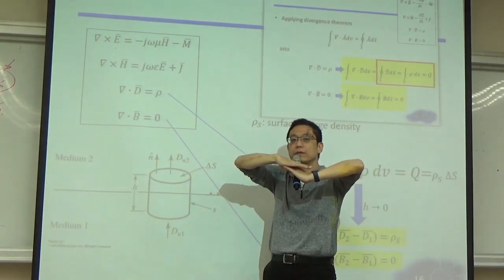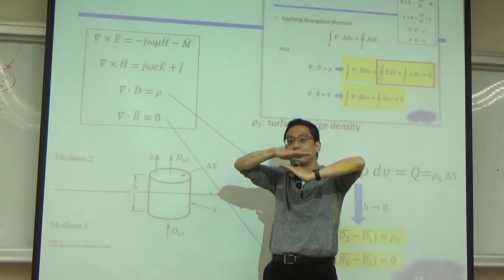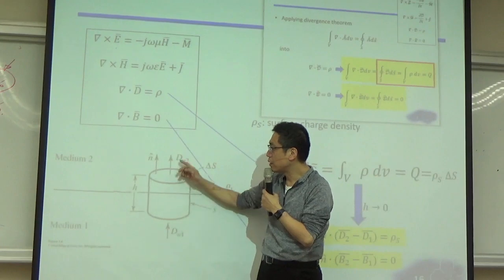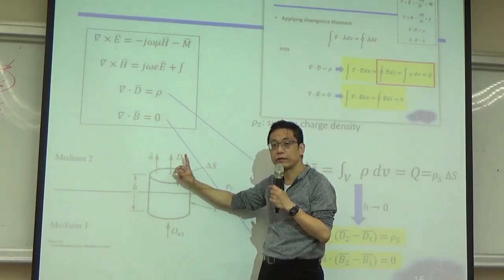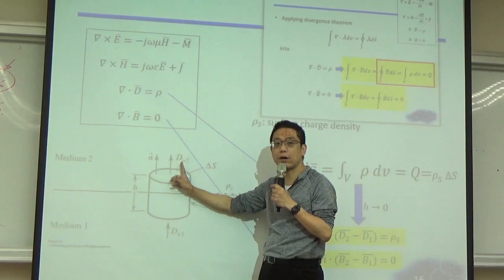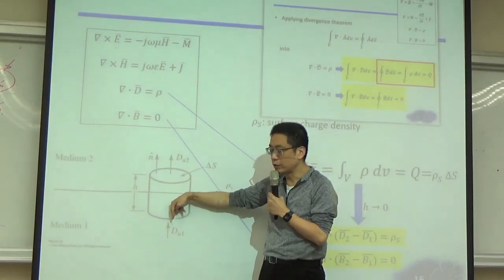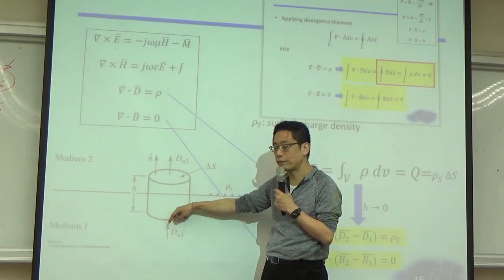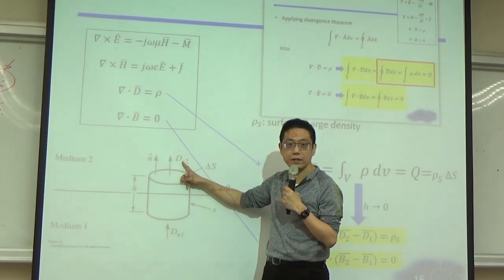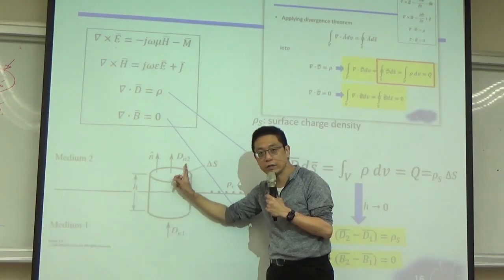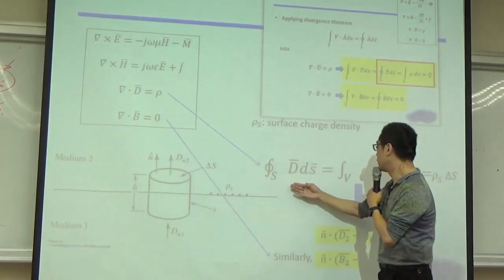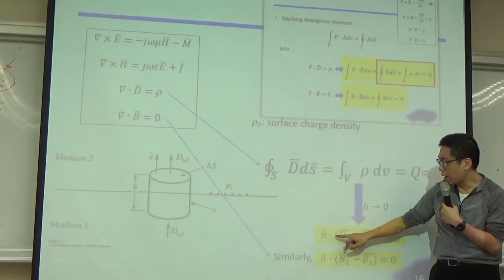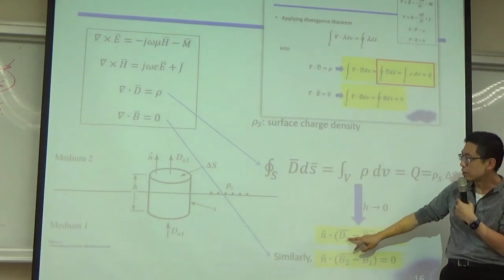Then we have only two surfaces, and these two surfaces have different directions. For the top one, it's going up. For the bottom one, it's going down. But we define the direction of electric flux density in the same direction, so we can obtain this result.